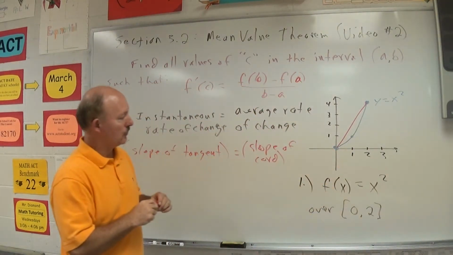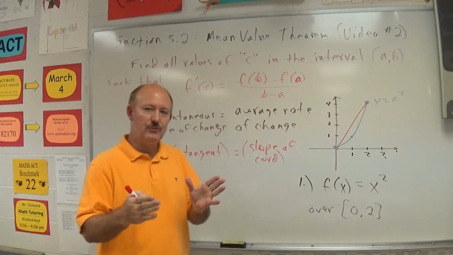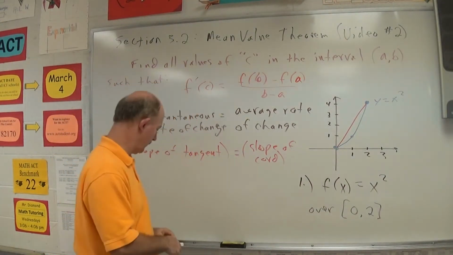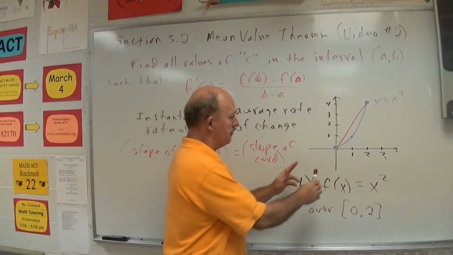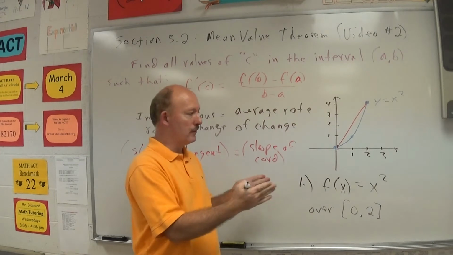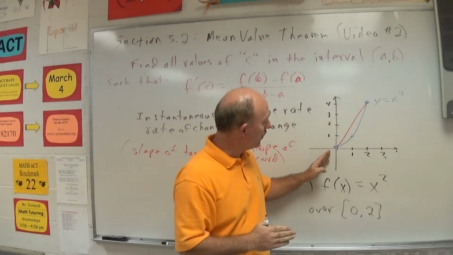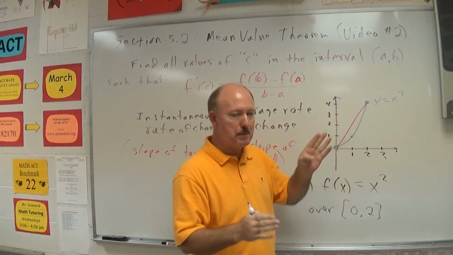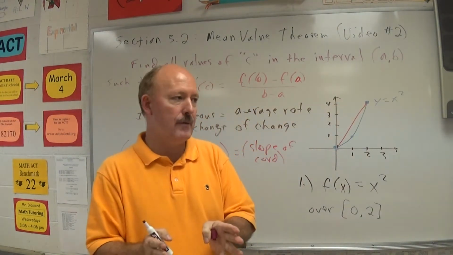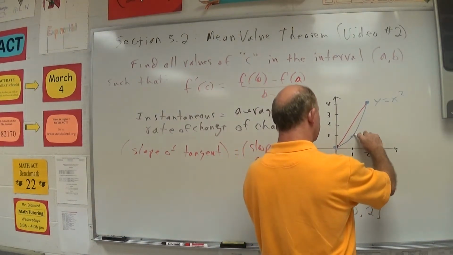So what we're going to do is calculate the slope of the chord. There should be some place on this curve between 0 and 2, on the closed interval, where if we draw a tangent line on that curve, the slope of that tangent line should be parallel to the slope of our chord.